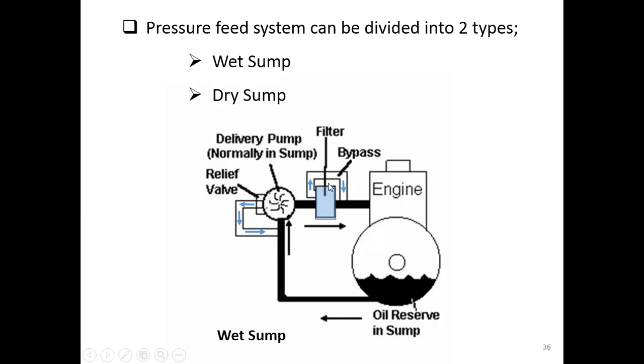And at the oil filter here, we also have a bypass, in case our filter is clogged, so our engine still receives the lubrication oil. So when the filter is clogged, the oil will flow through the bypass and to the engine.